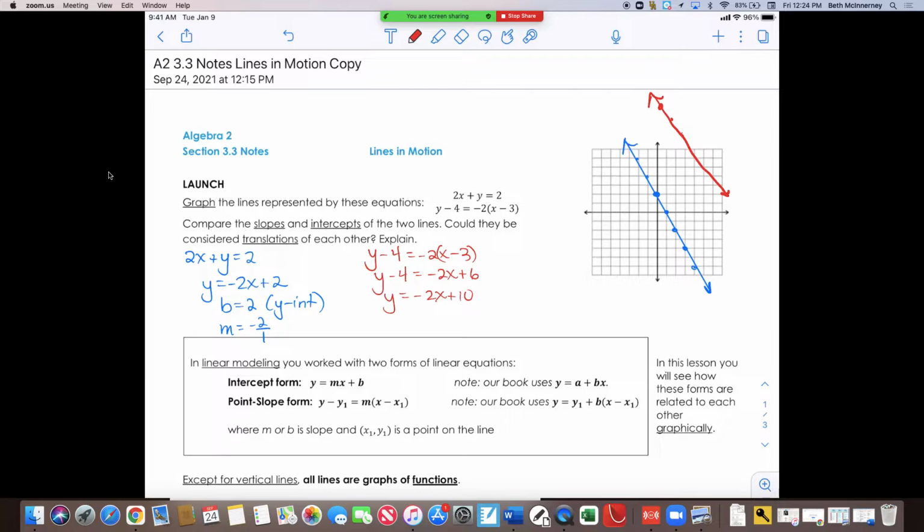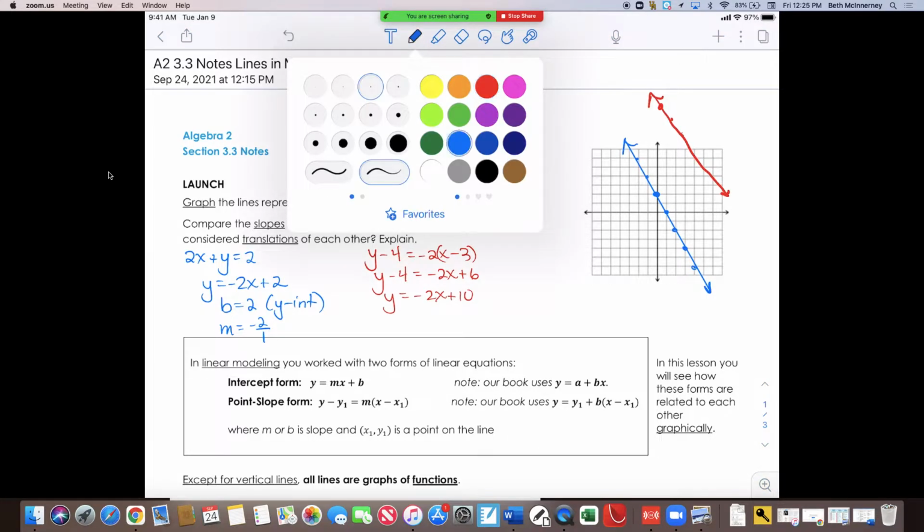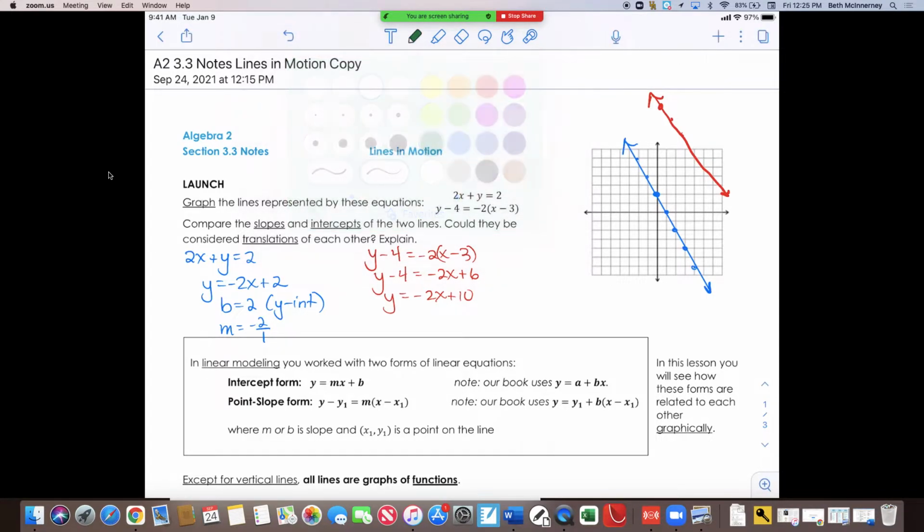So, what do we notice? What do you notice about the slopes and the intercepts? Say it again, I couldn't hear you. Okay, the lines are parallel.